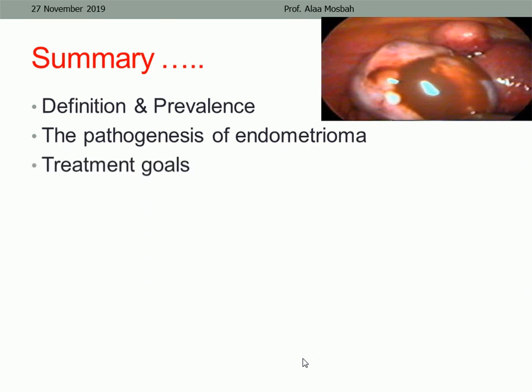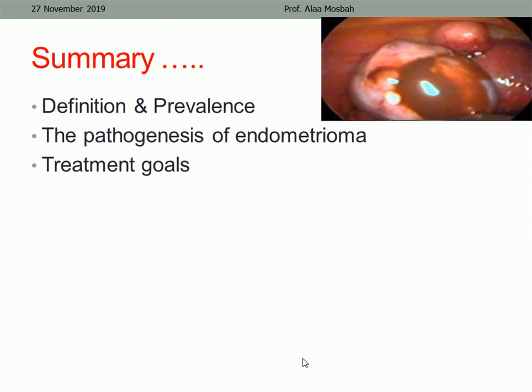And we said our treatment goal is to relieve pain. Yes, the patient complains of severe and chronic pain. So to relieve pain, to avoid complications of adnexal mass or ovarian cyst like rupture, torsion, infection, or adhesions. Okay.